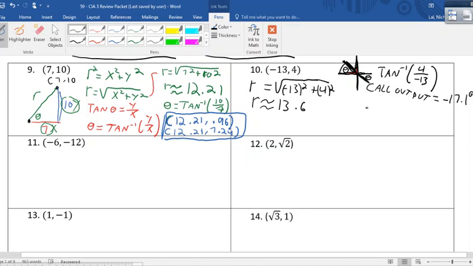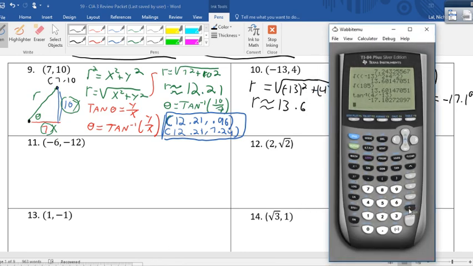So to get theta, we get theta is equal to 180 minus 17.1. So what we do here is we add 180 to this 17.1 angle right there, and our degree value is going to be 162.